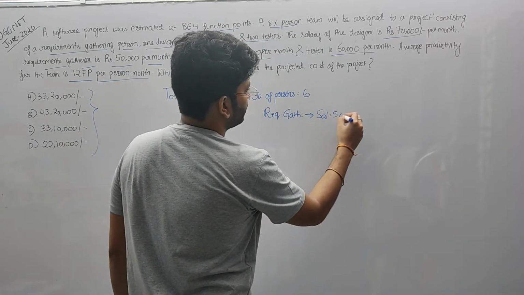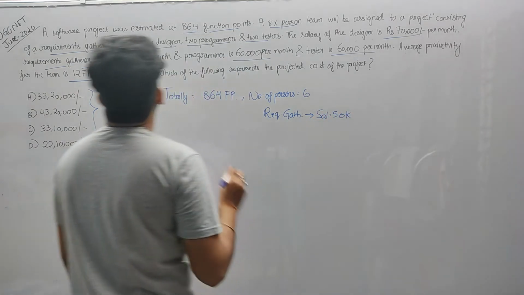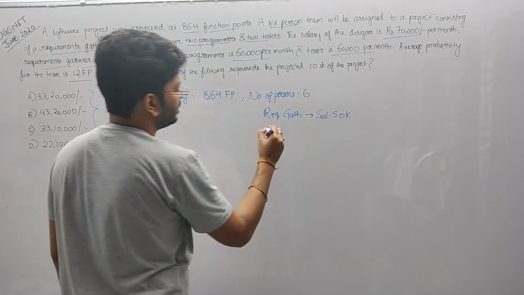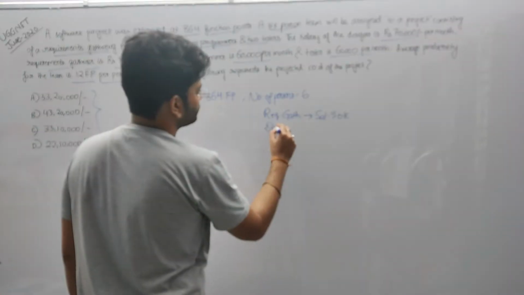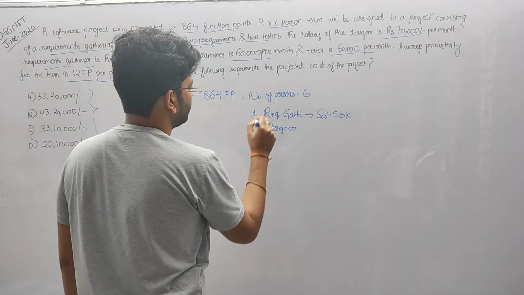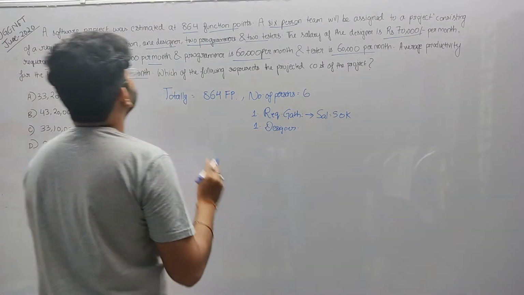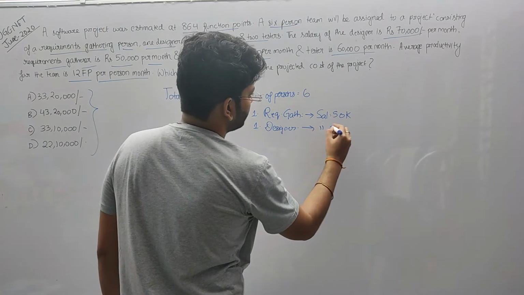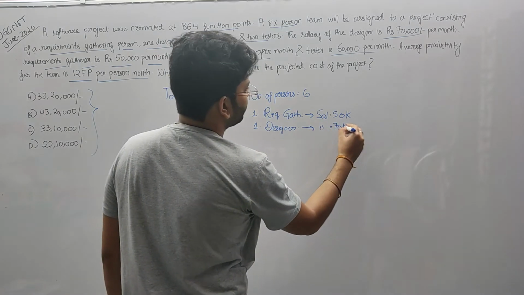Then we have one designer. Requirements gatherer 1 number, designer 1 number. Designer's salary is 70,000 per month, so the salary of the designer is 70k.